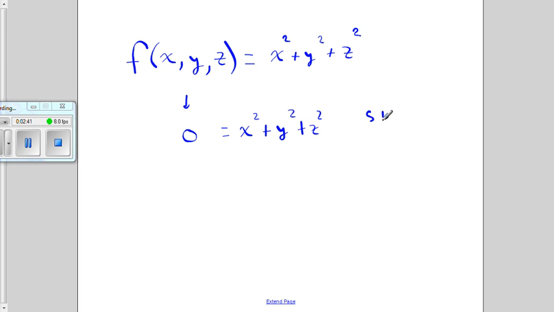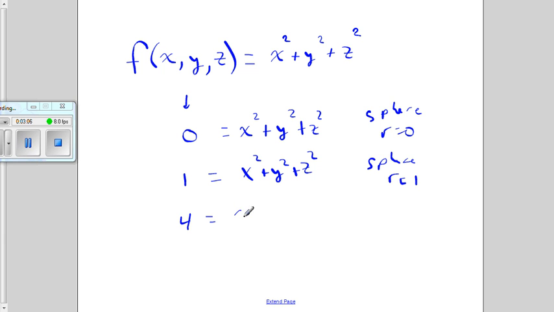Well, this is a sphere with radius 0, so it's not really anything. And then we could let f of x, y, z equal 1, x squared plus y squared plus z squared equals 1. And here we've got a sphere where our radius equals 1. And then we could let it equal 4. Again, we've got a sphere where our radius equals 2.